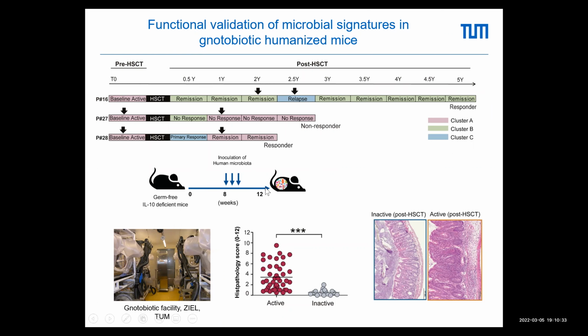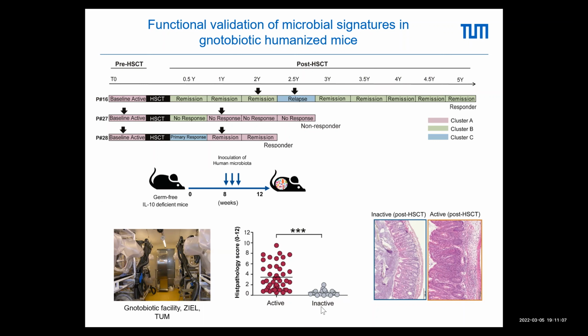We colonized these mice, and to our surprise, we found that the mice actually reflected the disease phenotype of the donor patients. When we colonized the mice with gut microbiota from patients during active disease, the mice were inflamed. And when they received gut microbiota from patients during remission, they were disease-free.